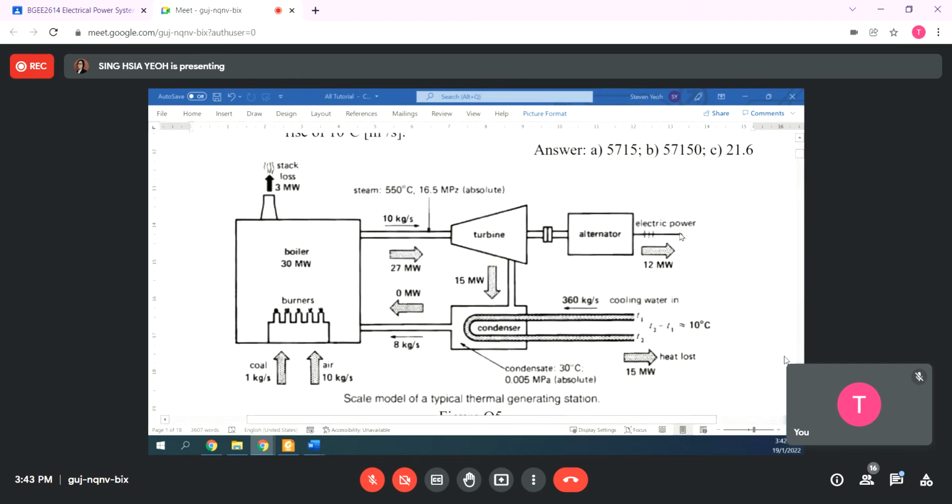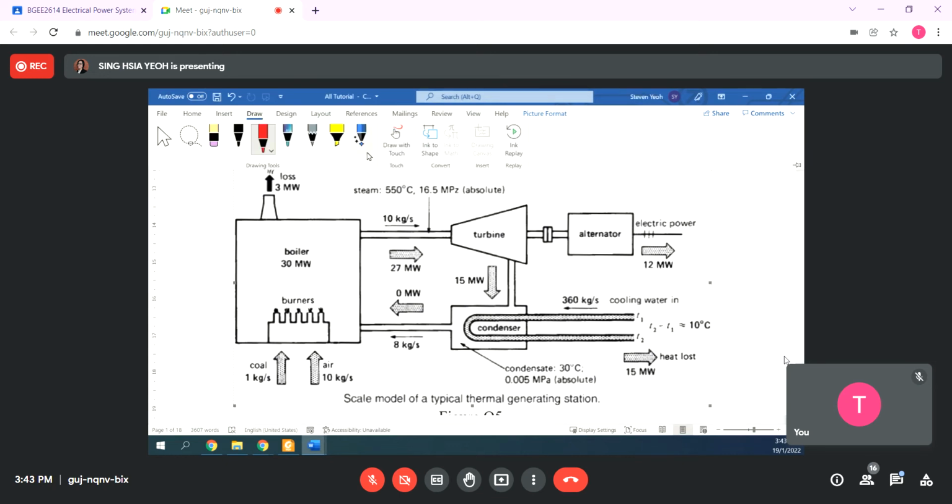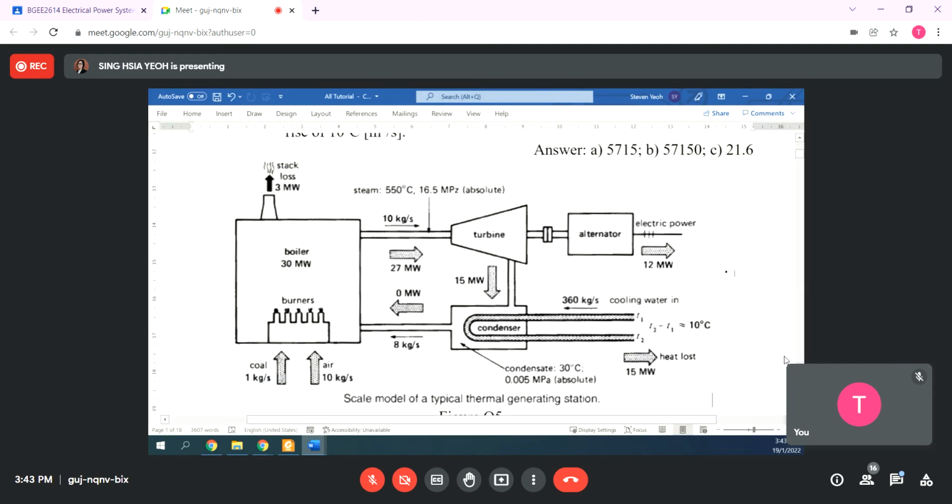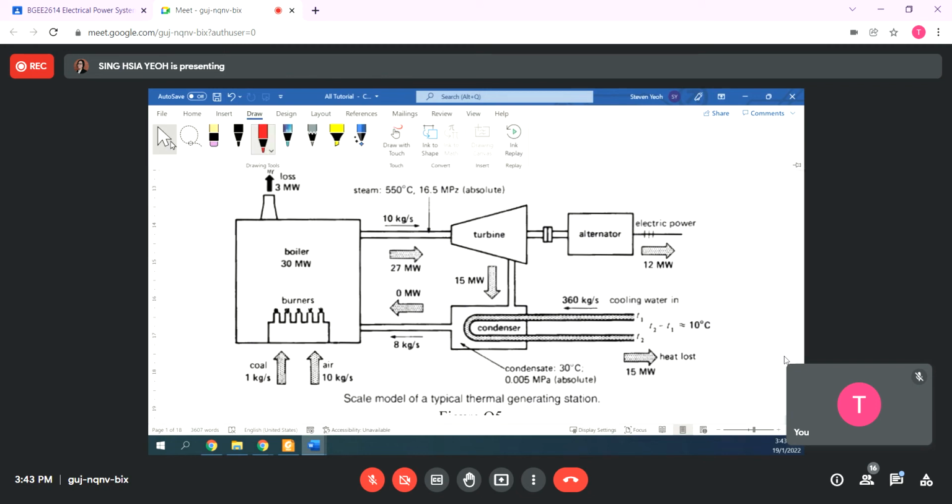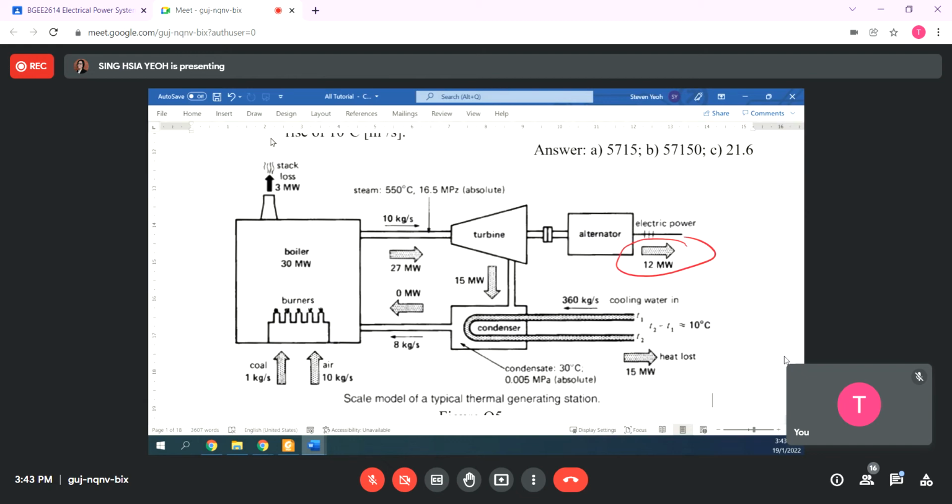So if you look at this diagram, it is actually 1 kilogram per second of coal plus 10 kilogram per second of air. Then it goes through the process and will produce 12 megawatt.